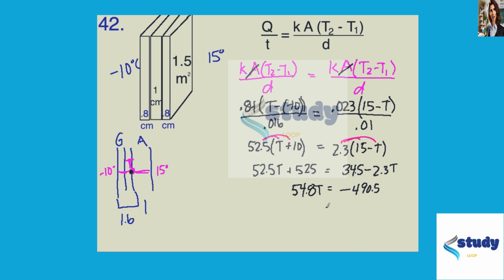I divide both sides, and I get that T, that in-between temperature, will be negative 8.95.